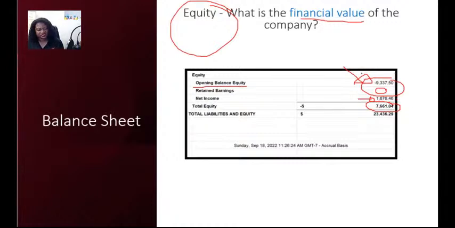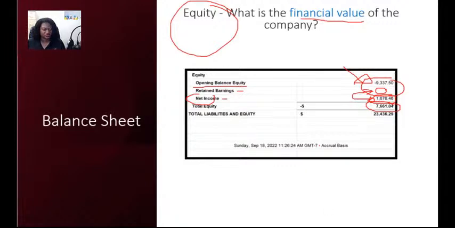When that next year comes around, that 1676 is going to roll up into retained earnings here, and this number will start over again from 0. So remember, net income is for the current year, retained earnings is the net income from all years prior. All right, so this brings us to the end of our balance sheet.